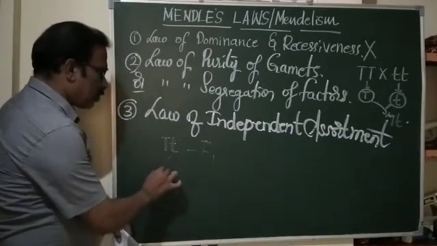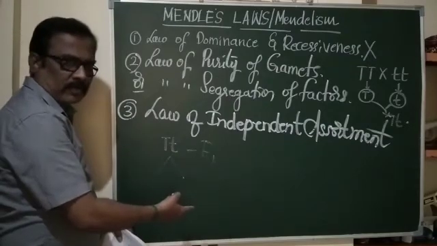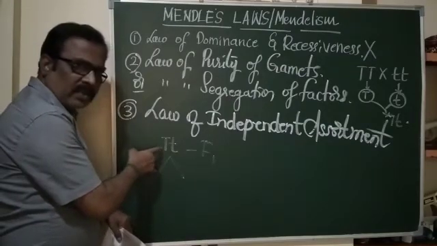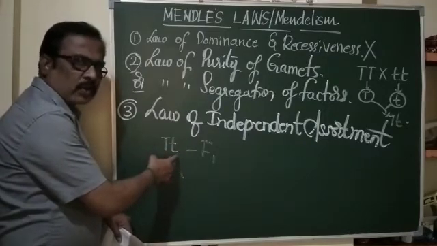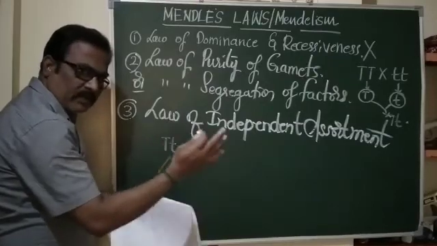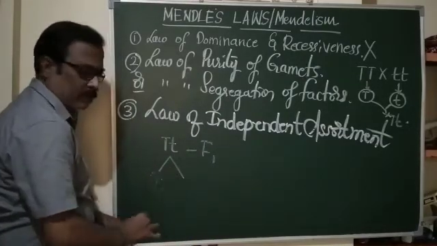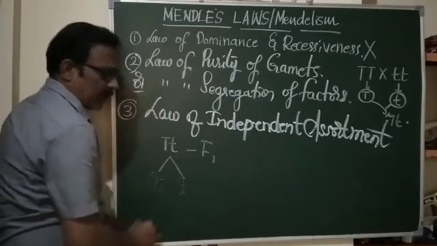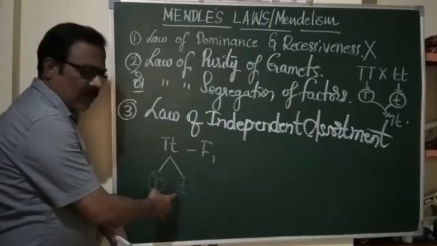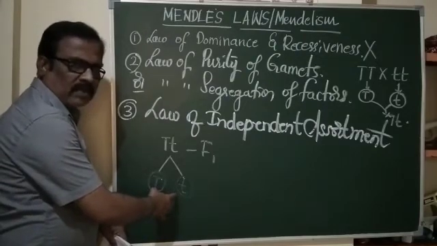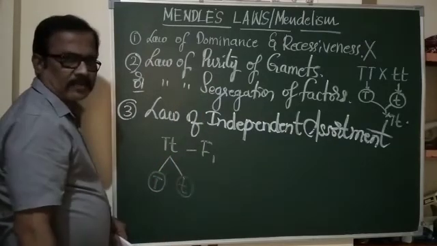During gamete formation from this hybrid, capital T is for the character tallness, small t is for shortness, and these will separate. They will not mix with each other. They will not enter into a single gamete. They will enter into different gametes. So this gamete is pure for tallness and this gamete is having the gene for shortness, and that is pure for short character.